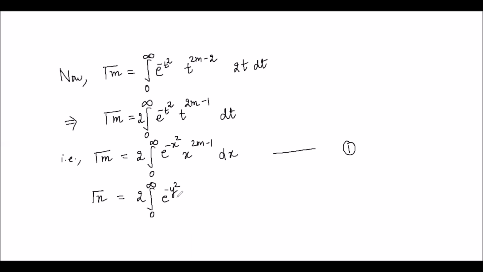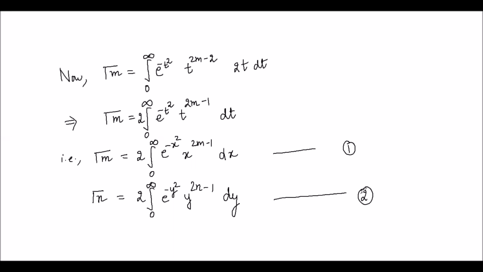Now we are using the variable y. Since we are finding now the gamma of n, at the place of m, now we will be having n, 2n minus 1, and here we will be having dy. And let us name this equation as equation 2.